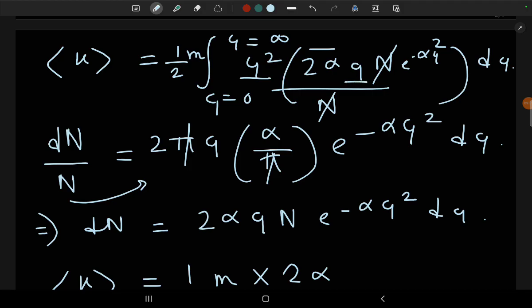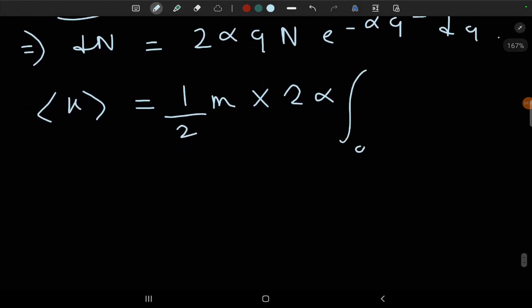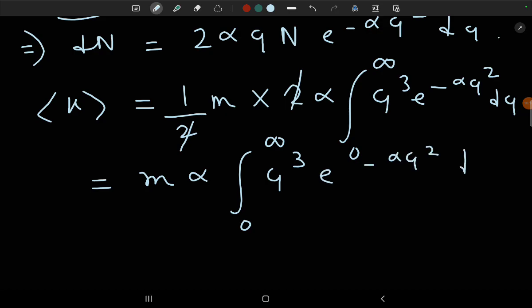So this is c1 cubed. Since this is already in c1, we will have 0 to infinity c1 cubed e to the power minus alpha c1 squared dc1, and we will have them cancelled, and we will have m alpha 0 to infinity c1 squared e to the power minus c1 squared dc1.